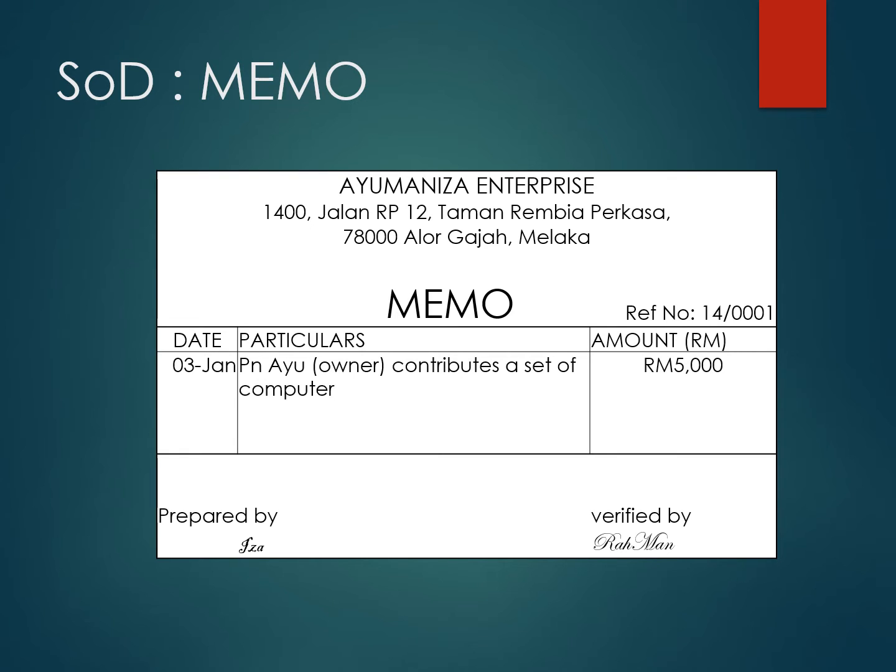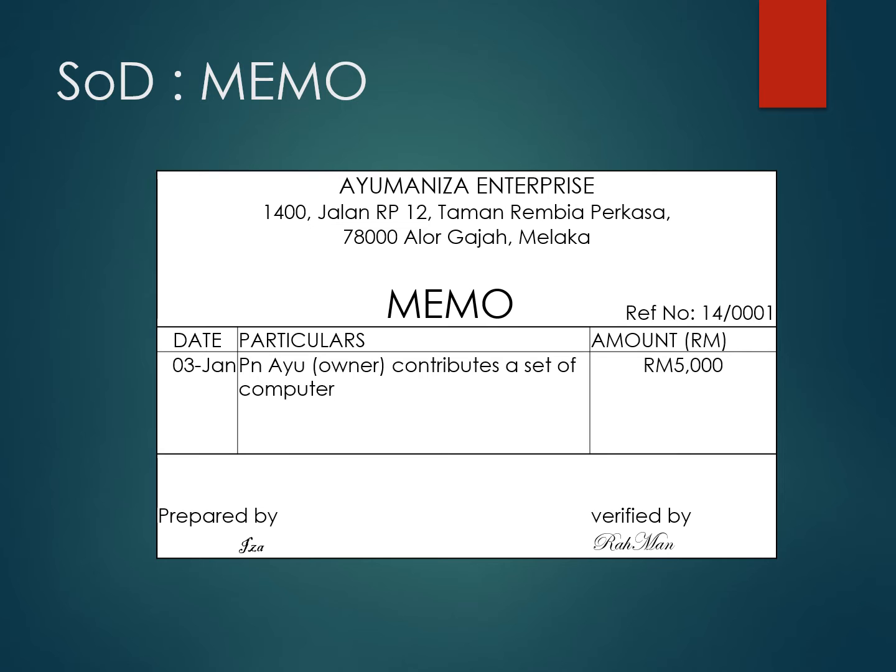In the example memo that I showed you, the owner contributes a set of computers, and the amount of the computers is valued at 5,000 ringgit. So in order for you to record this memo, when we analyze this source of document, it does not involve cash inflow or cash outflow, and it does not involve trading goods.